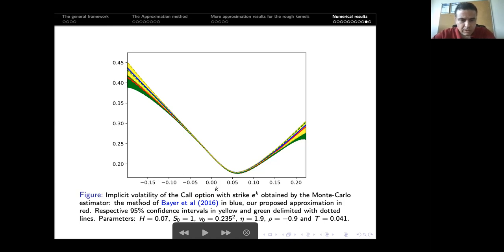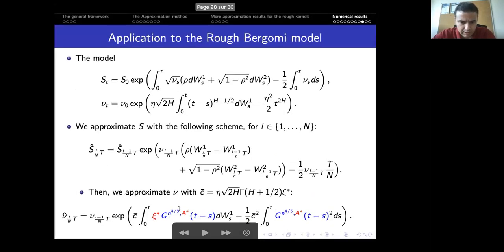Here, for the rough Bergomi, we used the method proposed by Kebaier, Gavrol, and co-authors, the explicit method. The blue one you see here is the explicit method by Kebaier and co-authors. And our approximation based on stochastic differential equation is the one given in red here. Of course, improved, as I told you.